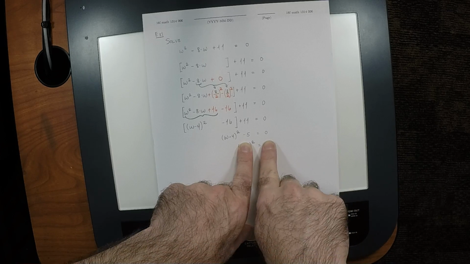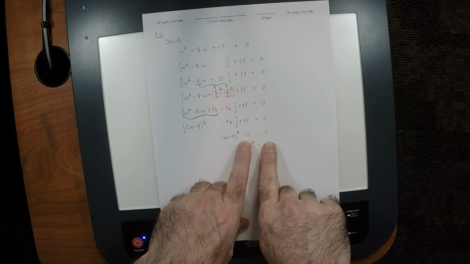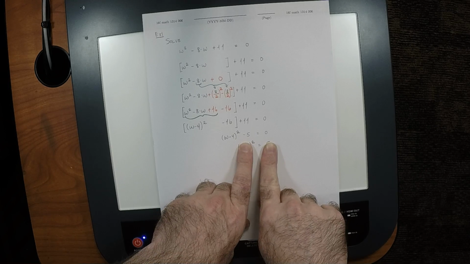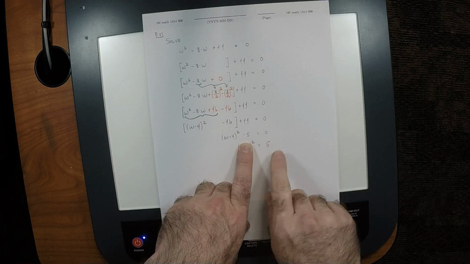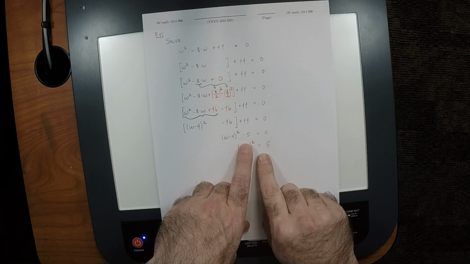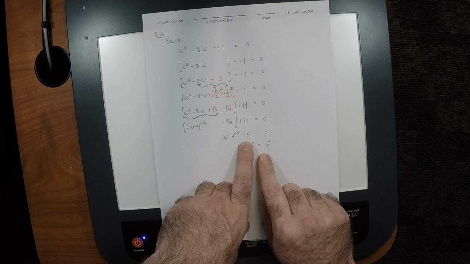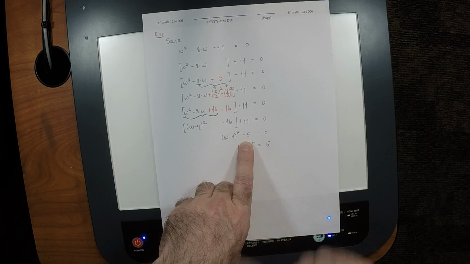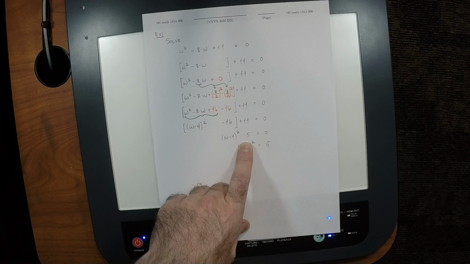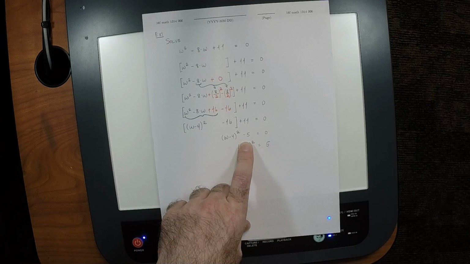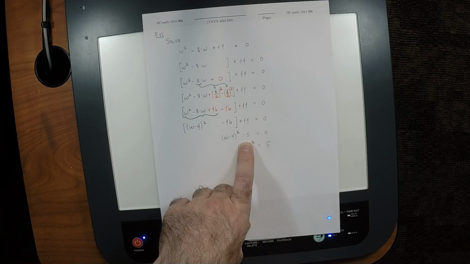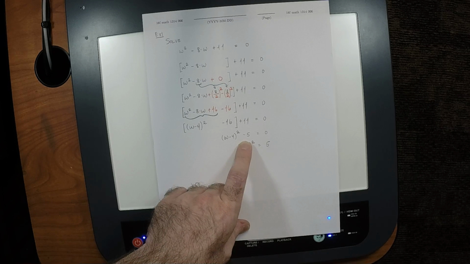But if it were 100, what would we have to be squaring to get 100? 10 or negative 10. So what must we be squaring? This is an important point.